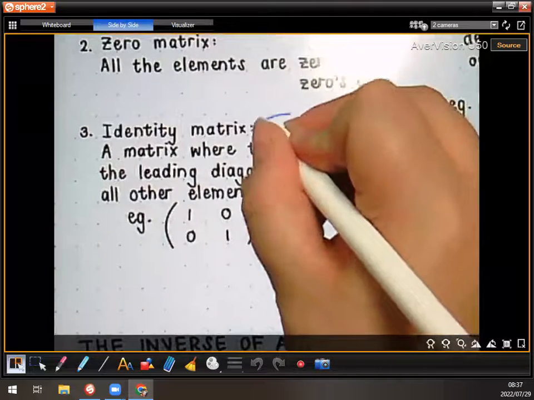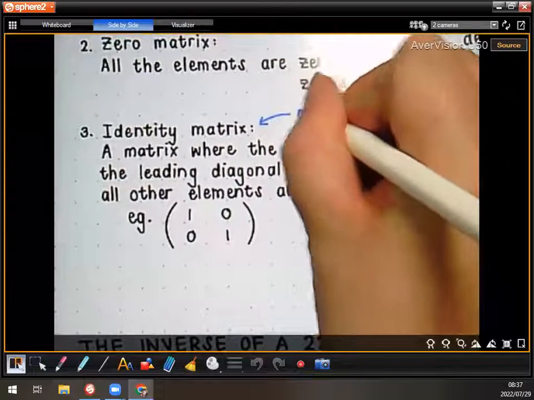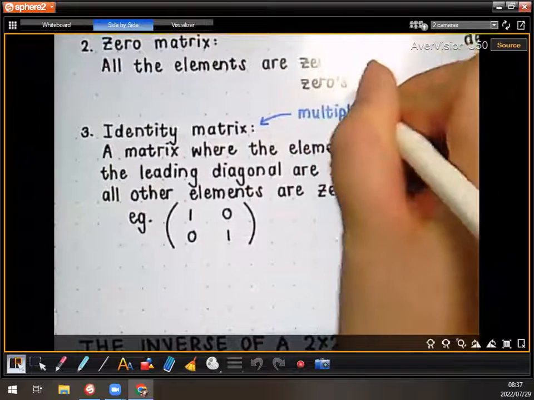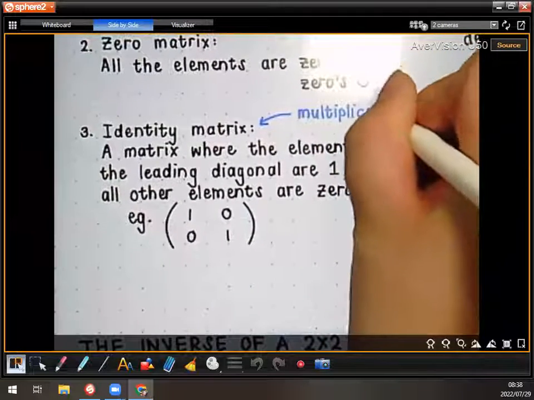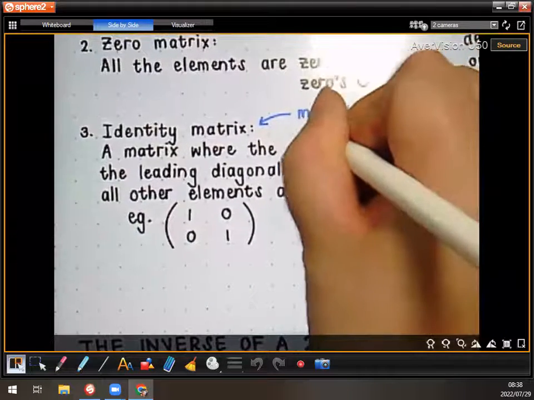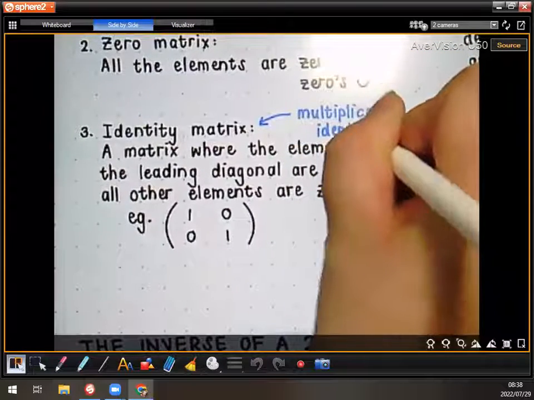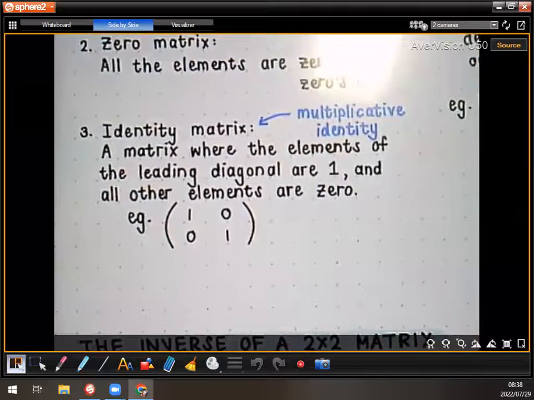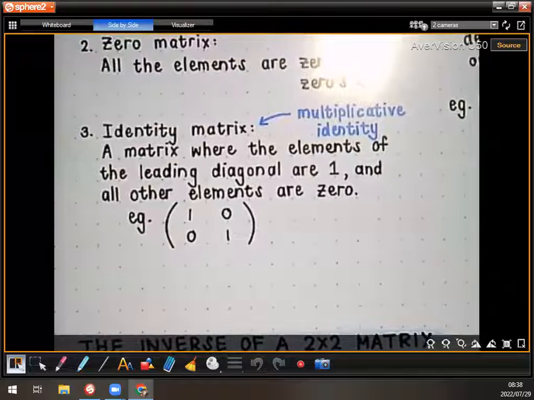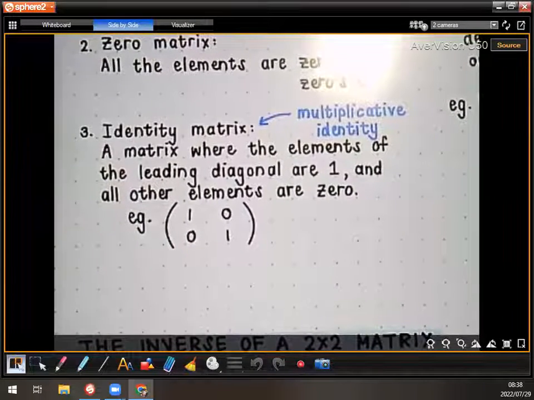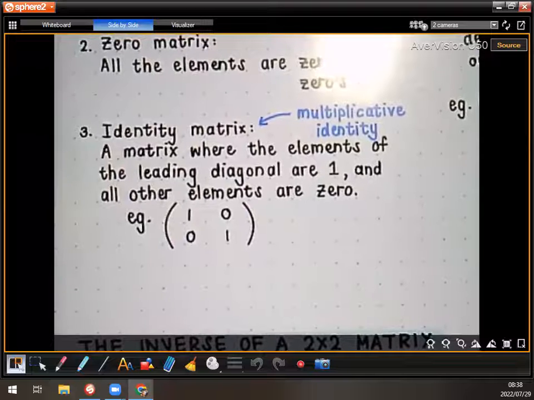The identity matrix is called the identity matrix because it is a multiplicative identity, which again, you might not know what that is. I'll tell you now. We spoke about multiplicative inverse, but the term multiplicative identity, does anyone know what that is?